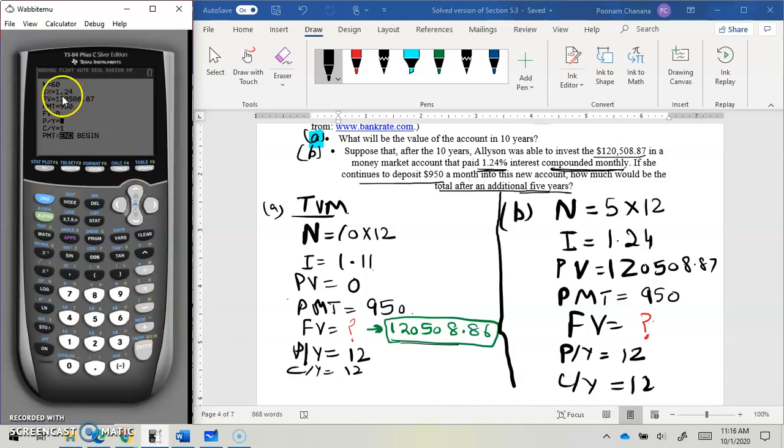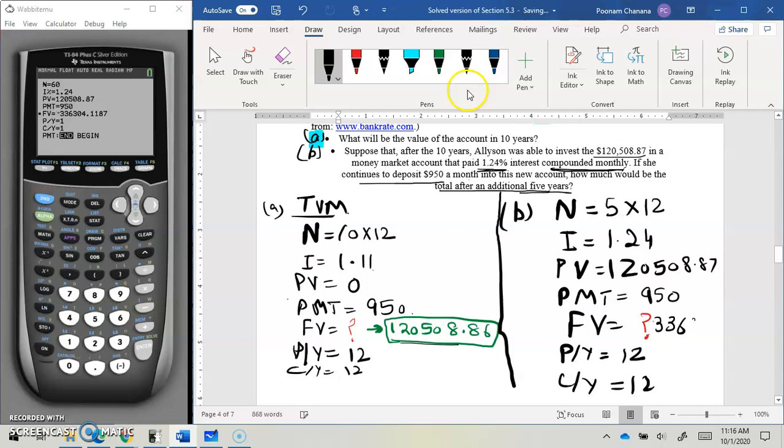So I entered all these values here in my TVM solver, and now I go back up and future value, press alpha and enter, and I get my future value of the account. So that should be my answer here. We have this much money in the account at the end of 5 years.